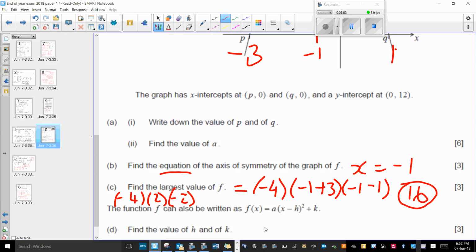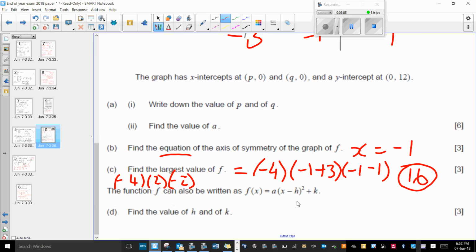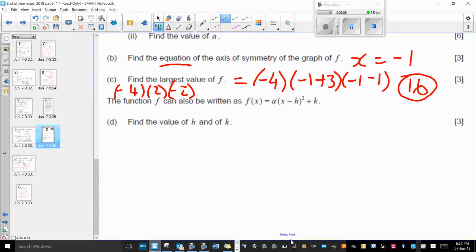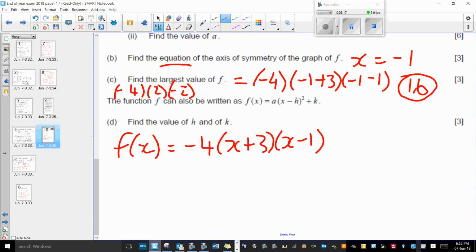This talks about completing the square. So we need to write our function like this. We need to expand it out, so it's -4 x squared minus x plus 3x. Oh, what am I talking about? This is a long way around of doing it.